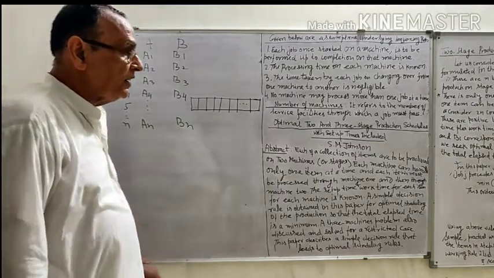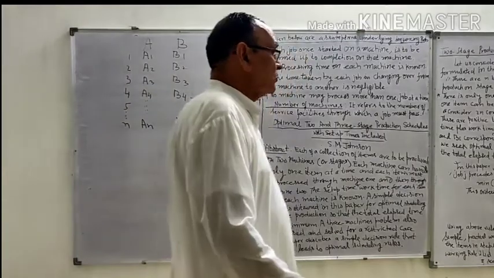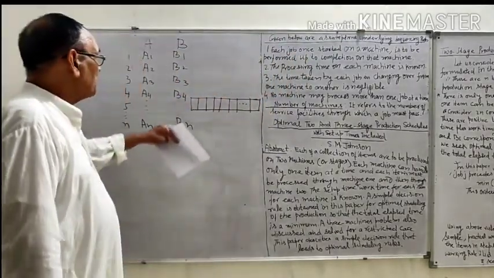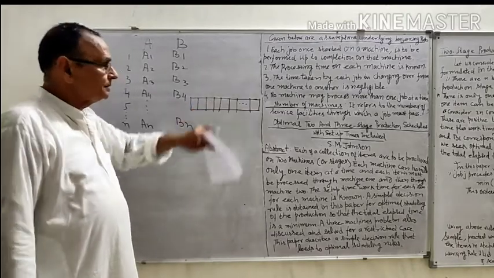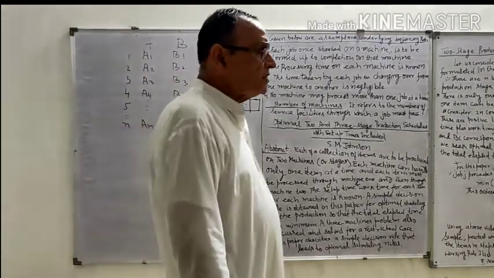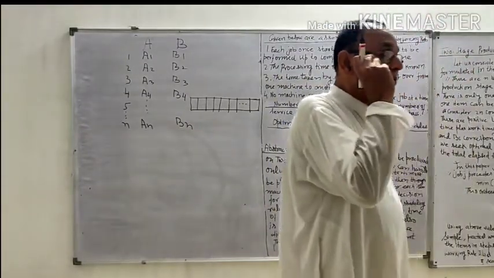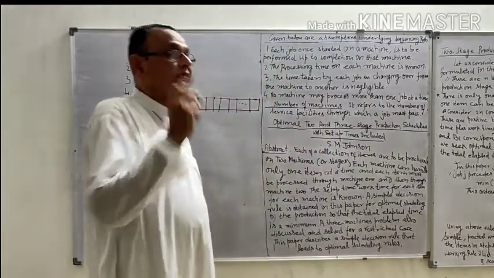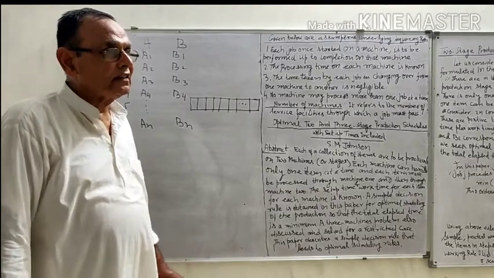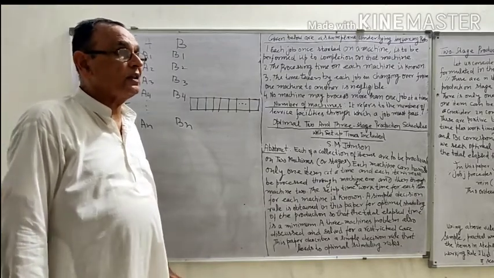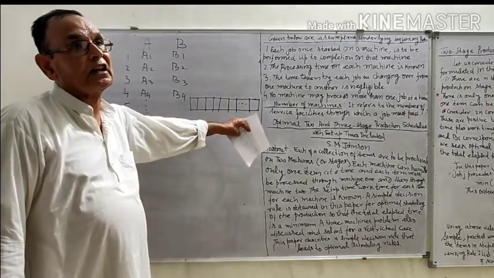Suppose A3 is the minimum processing time among all, so that third job is to be placed in the first place. And if A3 is not the minimum of all processing times, say it is B4 or B3, even if B3, then the third job is to be placed in the last cell. It is to be done last.